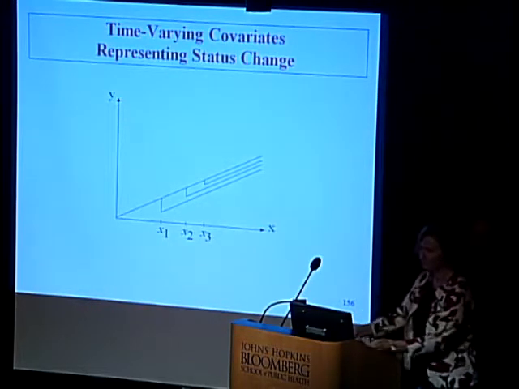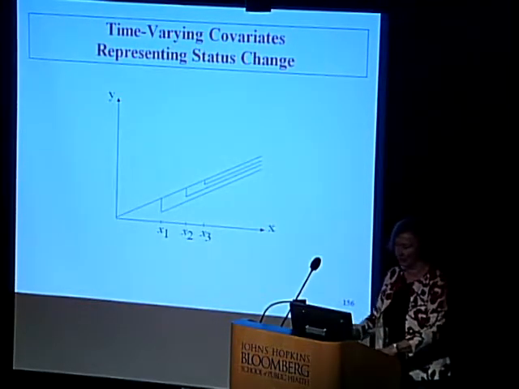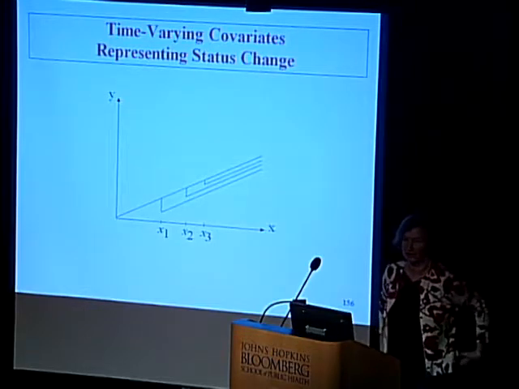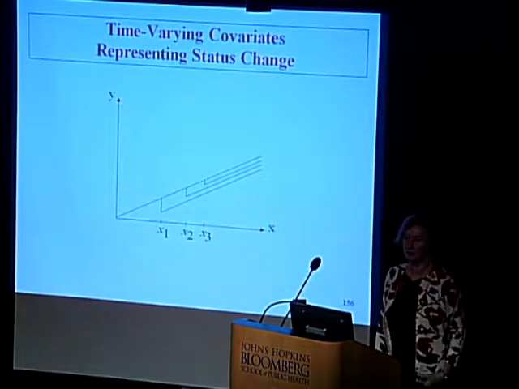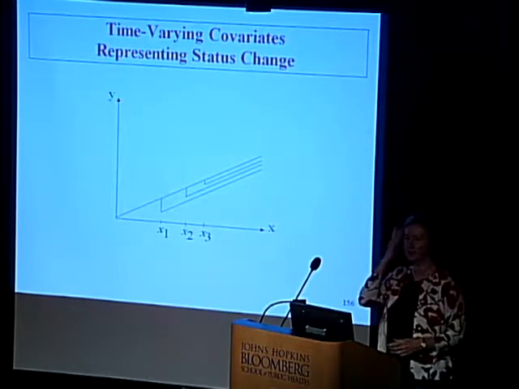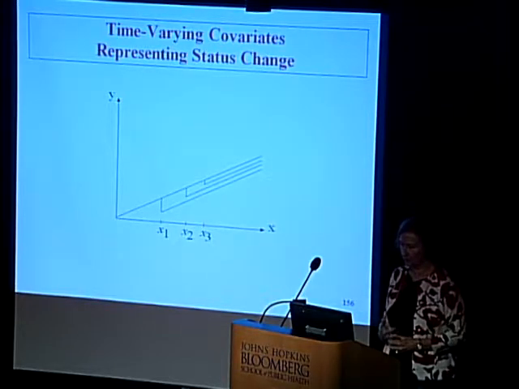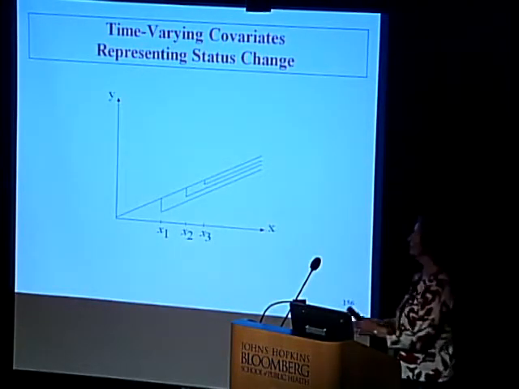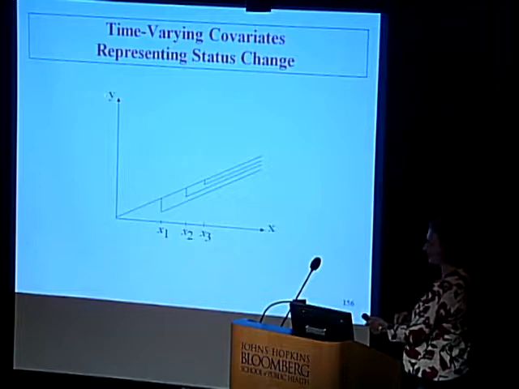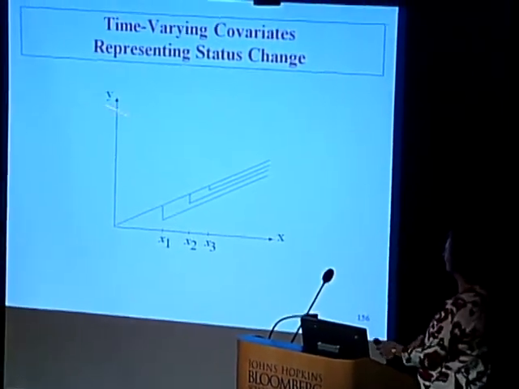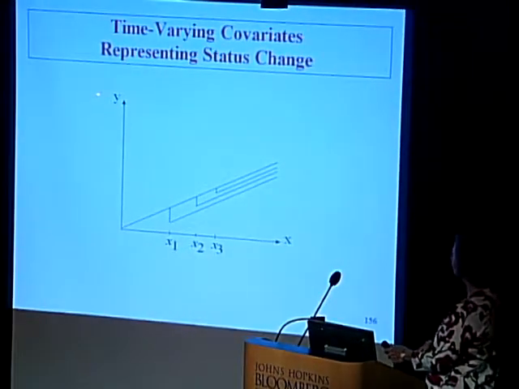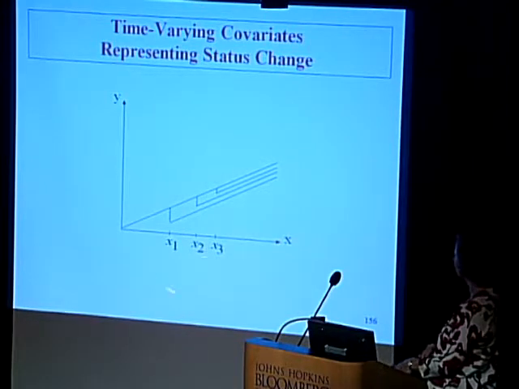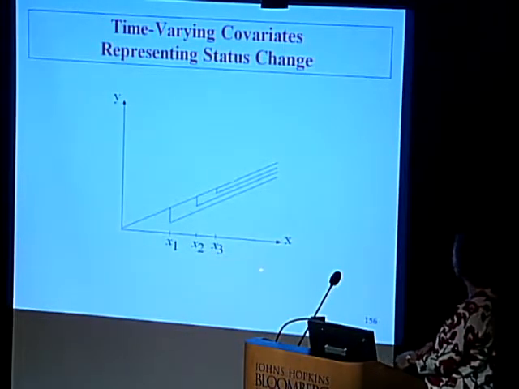Good. Okay, we're going to talk about another application, and that's time-varying covariates representing status change. You can think of the Y outcome as heavy drinking, and the X is time, of course, and this is our growth model.